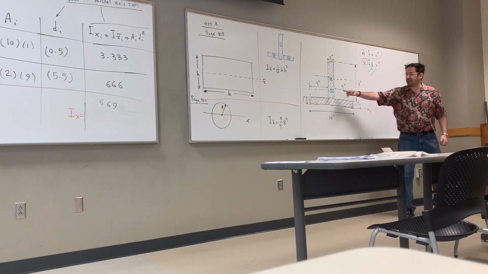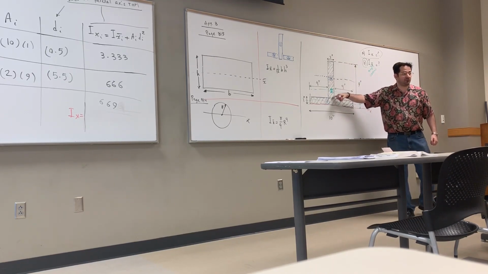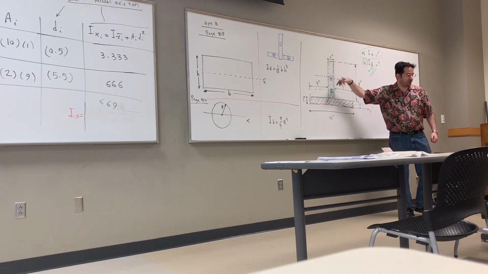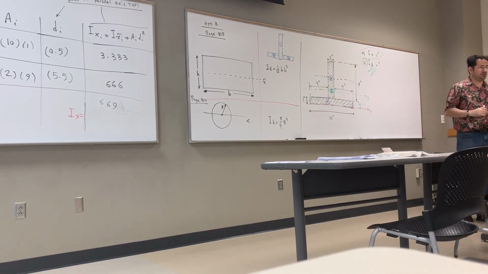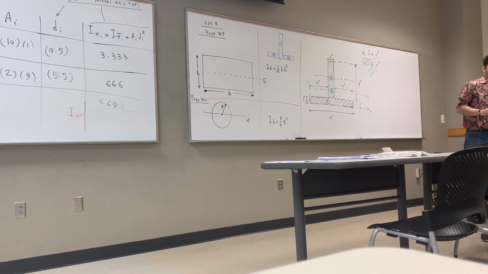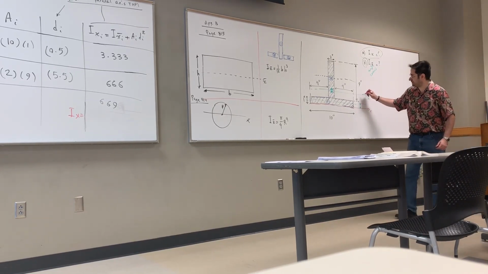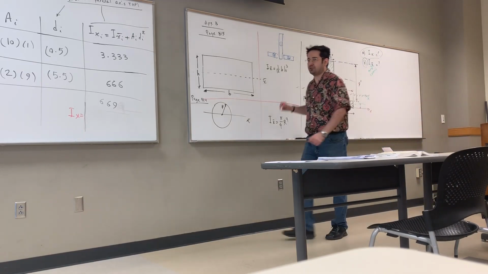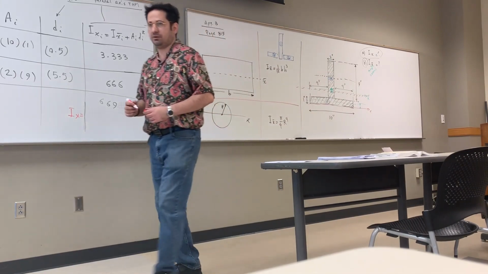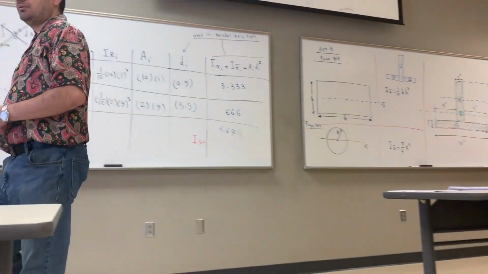You see, the centroid of the shape, not the individual part, the entire thing. So what should I do now? What's the procedure? The question is to find the centroid with respect to this axis, the one that goes through the centroid of the entire shape. So what should I do?